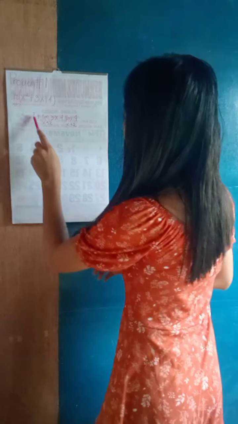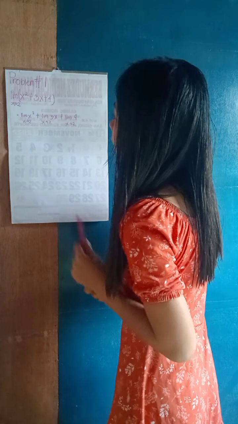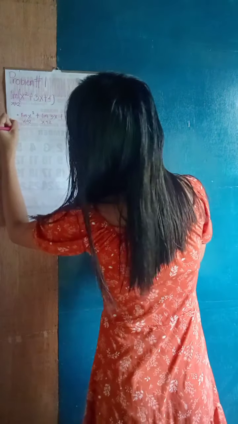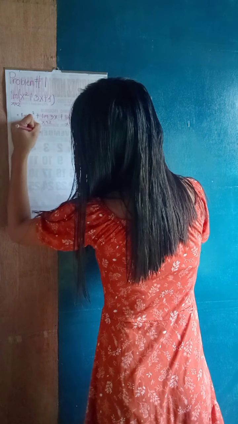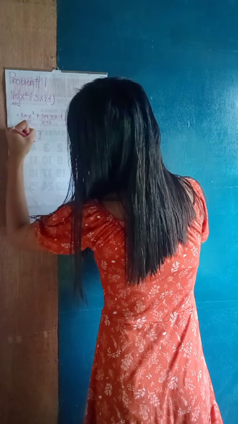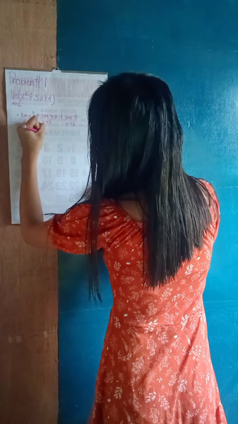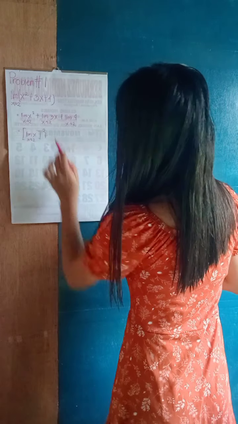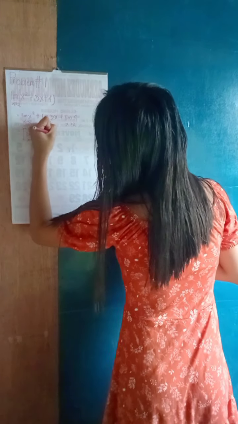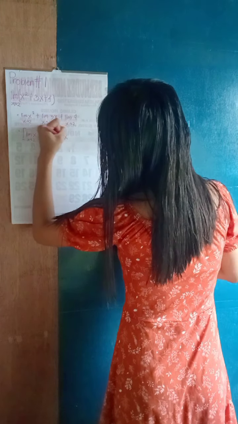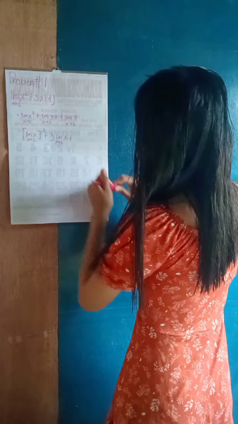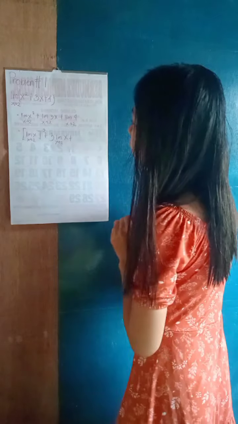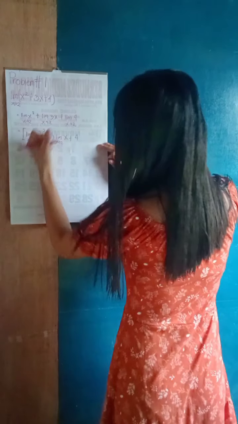Since we have the power of 2, we are going to use limit number 8. So this will become limit x as x approaches 2 to the power of 2 plus, we are going to use limit number 3. So this will become 3 limit x as x approaches 2 plus, since 4 is constant, we are just going to copy 4.